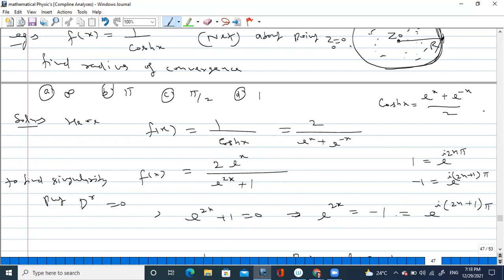So the value of e to the power x will be e to the power i(2n plus 1) divided by 2 into pi. Now take antilog on both sides.